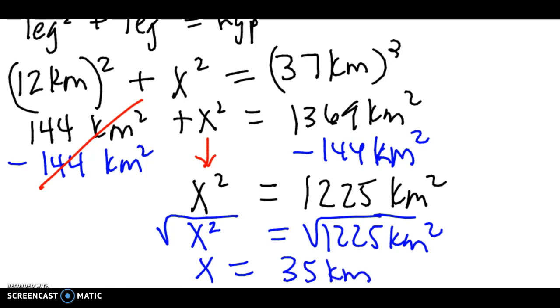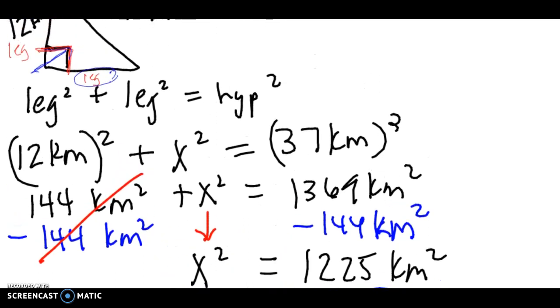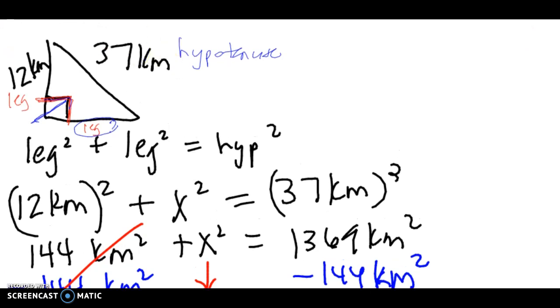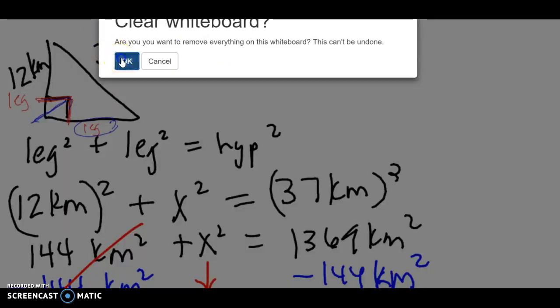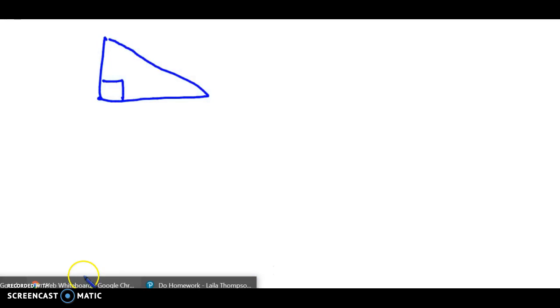Now we have to use this piece of information to find the perimeter and the area of the triangle. I'm going to clear the board and redraw our diagram using the side that we just found. So again, we have this right triangle that had a hypotenuse of 37 kilometers.